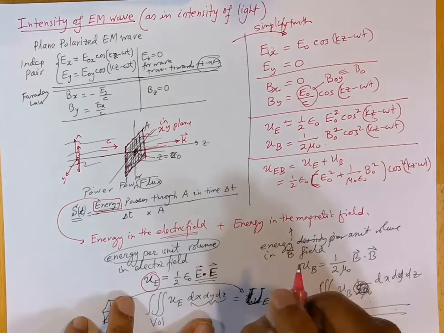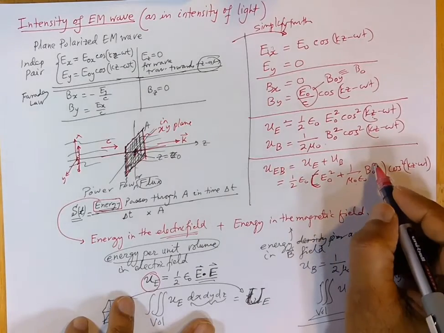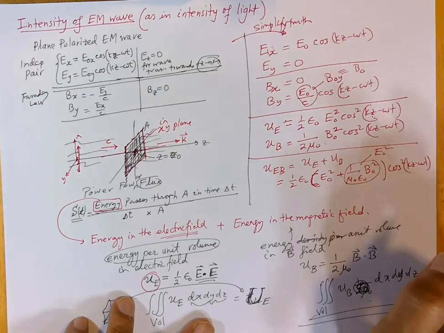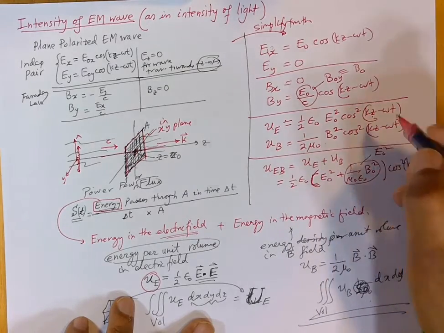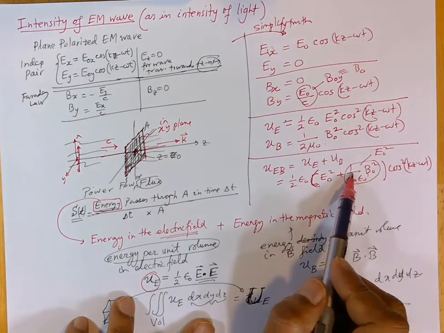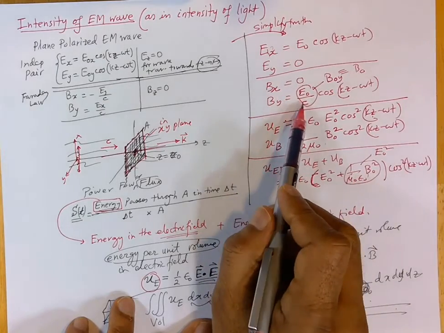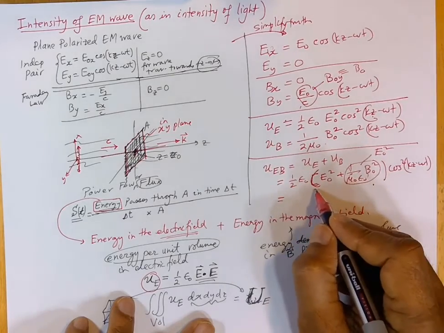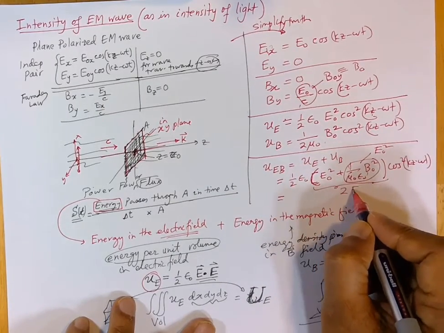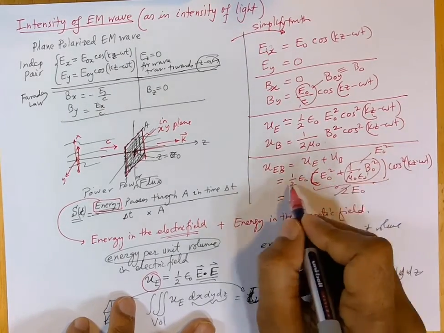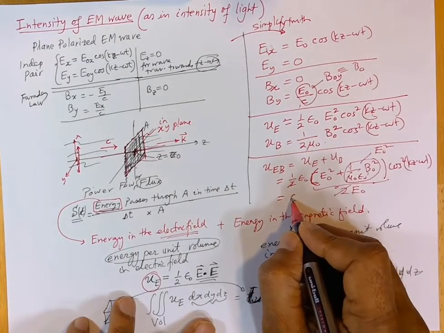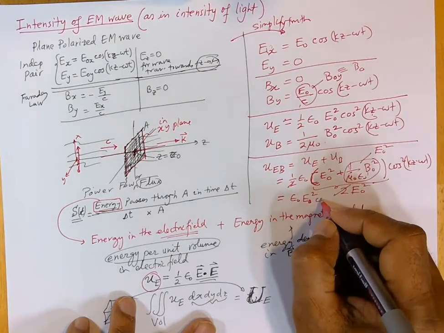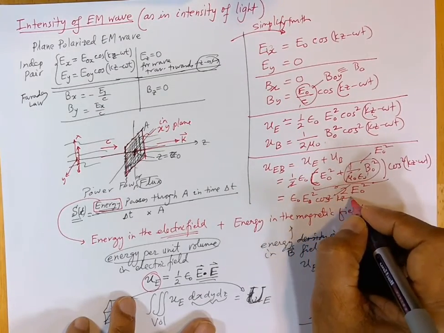So far so good, right? This second term is nothing but E0 squared, because c squared cancels out, so I get 2 times E0 squared, and that 2 cancels the half, so I get epsilon naught E0 squared cosine squared(kz minus omega t).